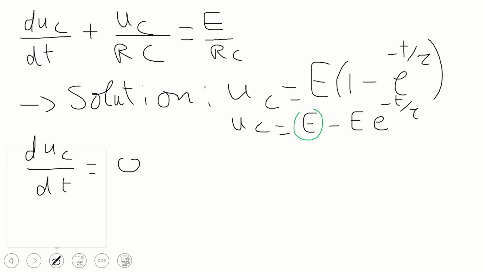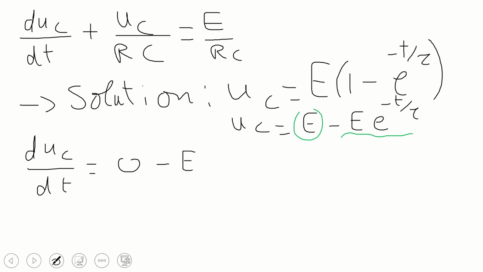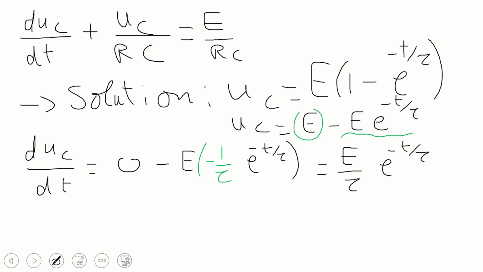Now, in this function, E is a constant multiplied by exponential minus t over tau. Its derivative is minus E times the derivative of the exponential, which is minus 1 over tau times exponential minus t over tau. So what do we obtain? E over tau exponential minus t over tau.